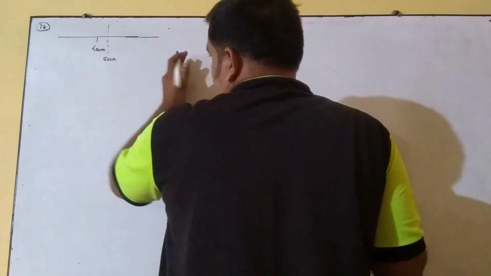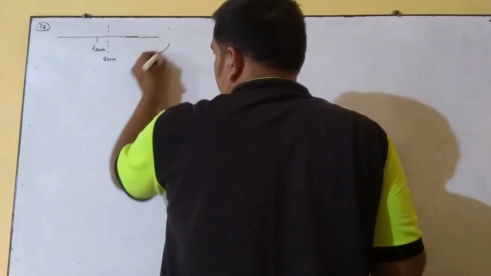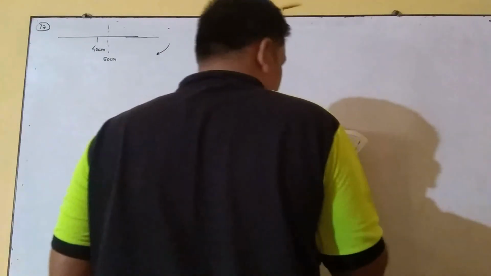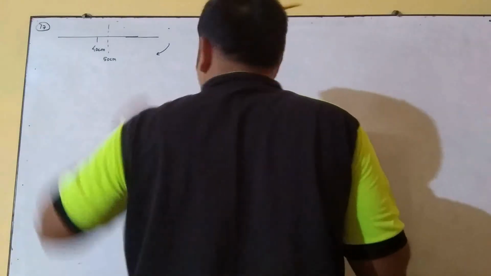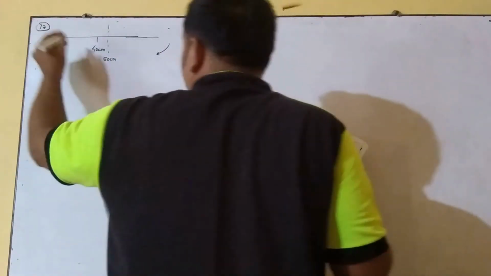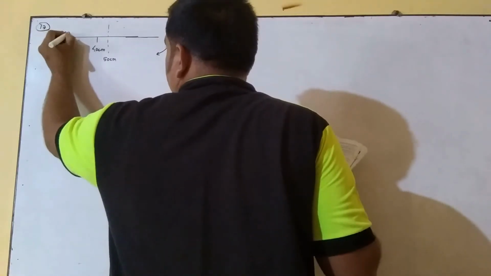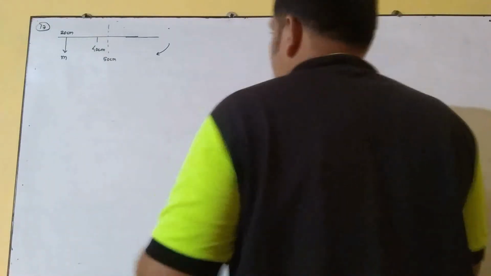Now we find the fulcrum is at 40 centimeter, so the turning of the body is in this direction, clockwise. So we have to hang mass M at the left side, at 20 centimeter. So at a mark of 20 centimeter, mass is hung.